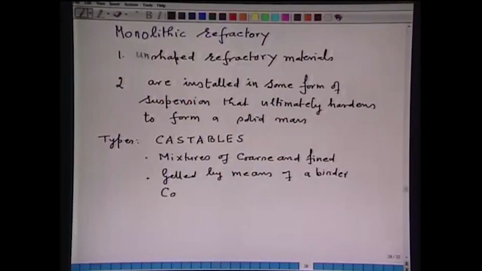Naturally, when it is mixed with a binder, the material will be in the green form. Then the common binder which is used is Al2O3. Now, once this mixture has become ready, then comes the installation.